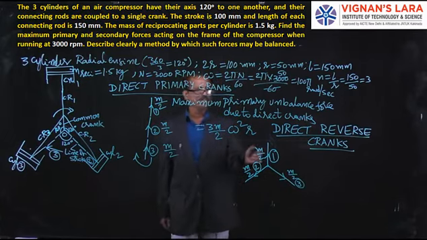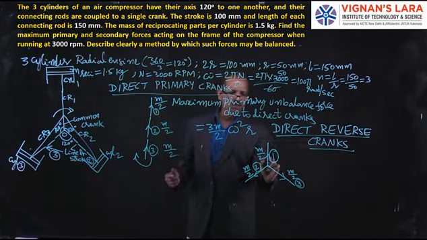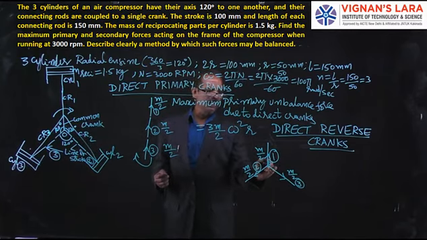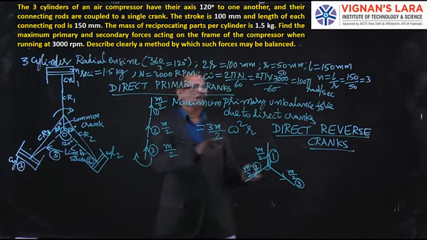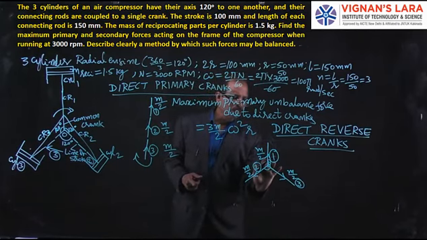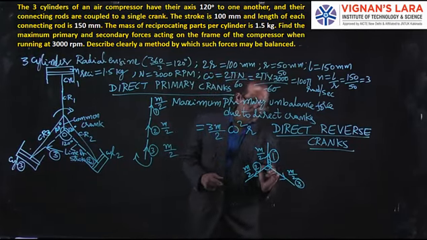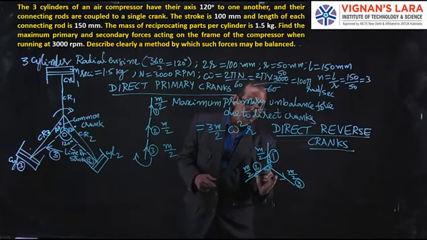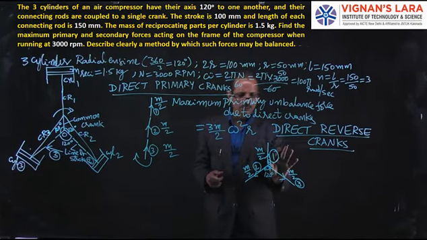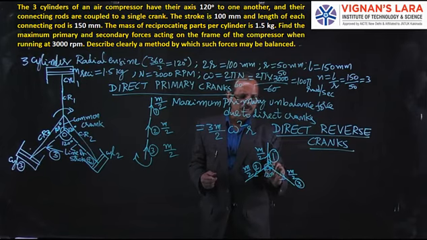So the locations are shifted like this, 0, 0, then 120 has been converted as a direct crank. This is reverse crank, direct reverse crank. Okay, so here 120, so this becomes 120. Then from the line of stroke to here, reverse crank is 240.